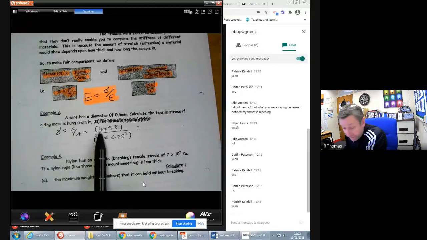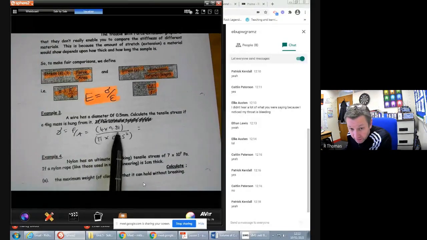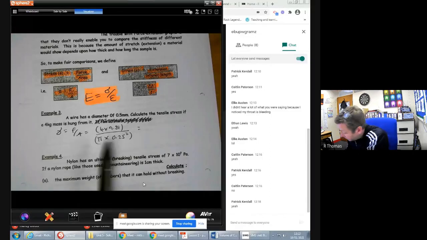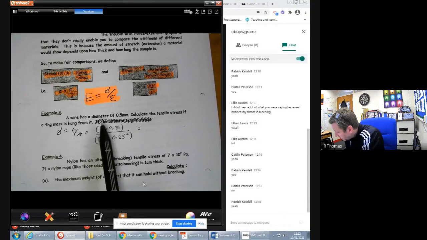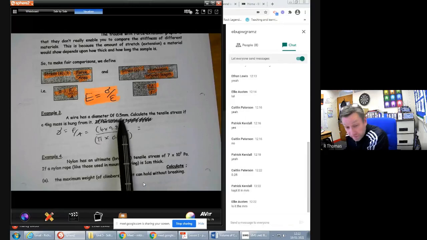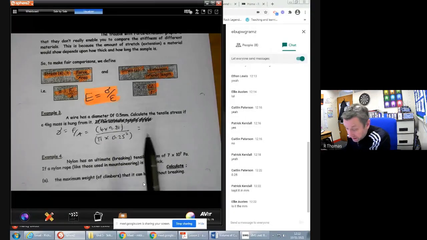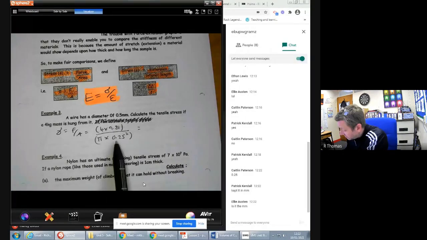There's nothing wrong with the 4. There's nothing wrong with the 9.81. There's nothing wrong with pi. If my diameter is 0.5, there's nothing wrong with me saying my radius is 0.25. But as you've all said, I have kept it in millimeters.